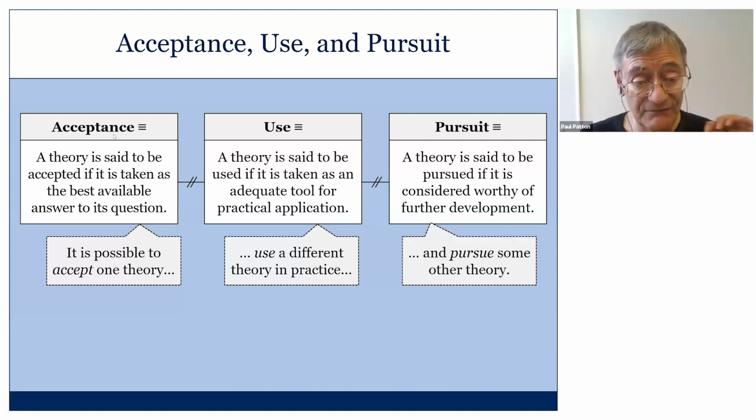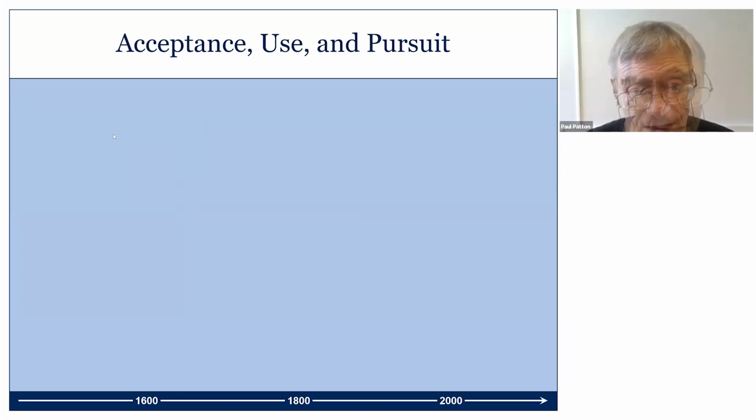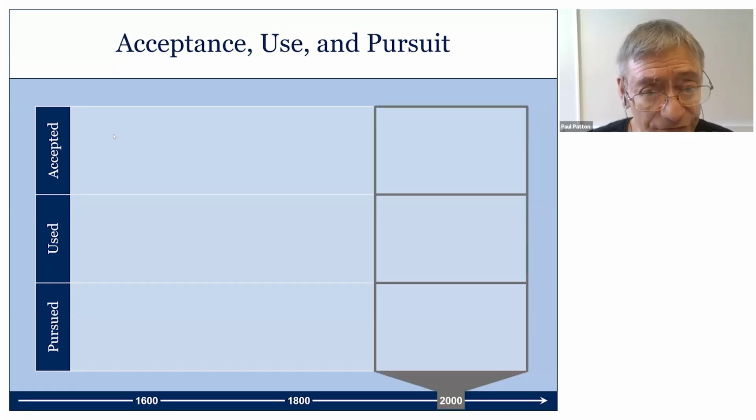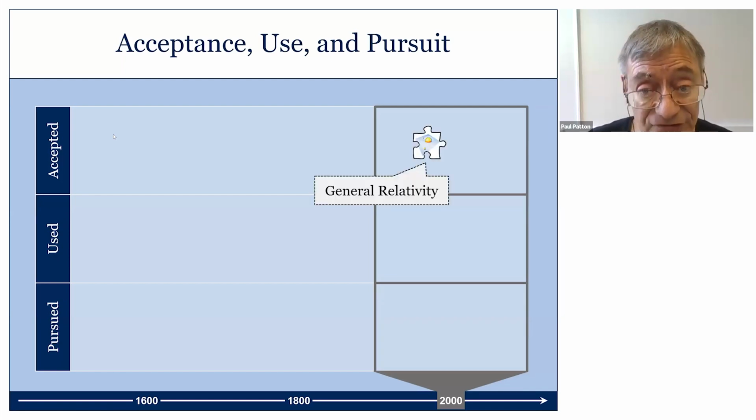Now, this might seem kind of abstract, so what I'd like to do is take some specific examples. Here are accepted, used, and pursued theories, and on the bottom is a timeline, and we'll first talk about modern-day science. So some of the accepted theories of modern-day science include general relativity, which is taken as the best available description of gravitational phenomena.